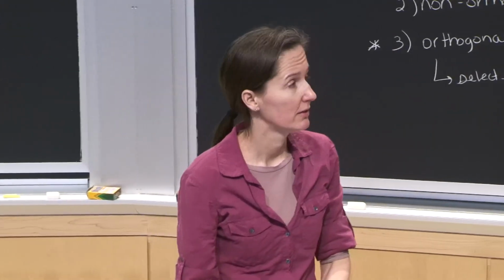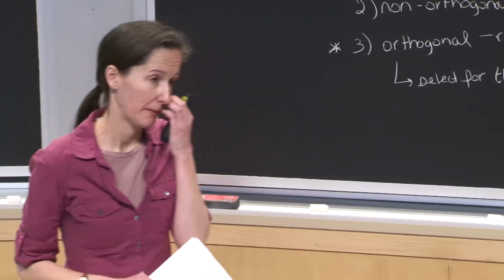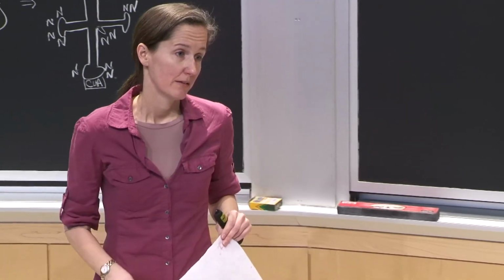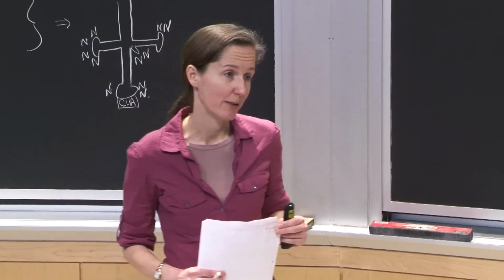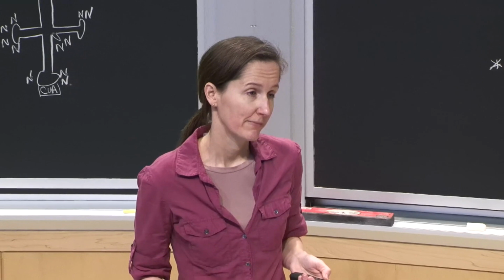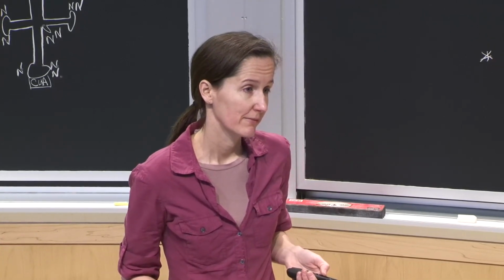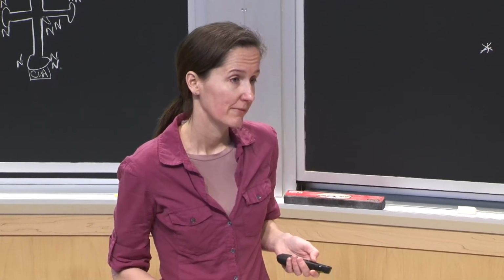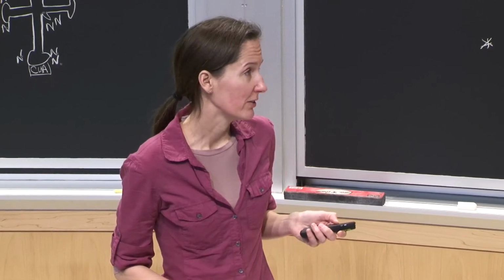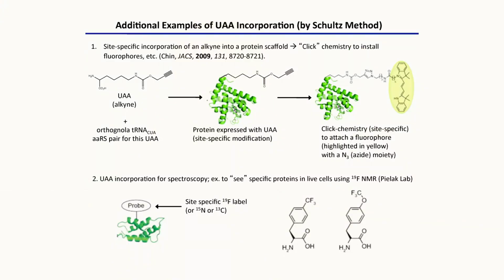Because if you put it on before versus after, like it's been processed. Yeah, maybe it messed up. If it's a blocky thing, it might interfere with folding, or folding might interfere with it. Right, so can the polypeptide reach its native conformation with this perturbation? Just to think about. And here are just some examples of unnatural amino acids that can be used for fluorine NMR, as was mentioned last time.